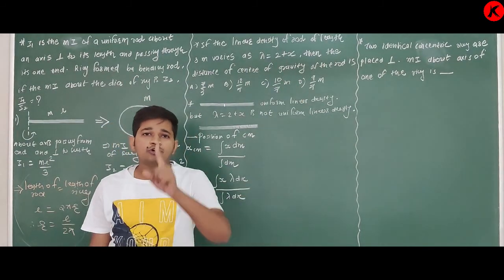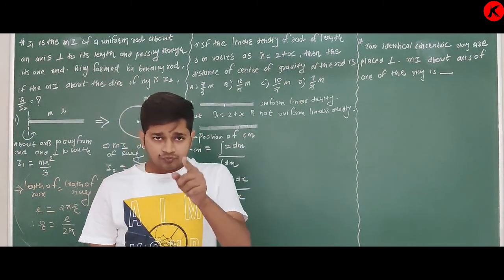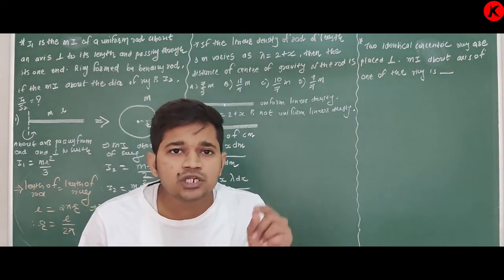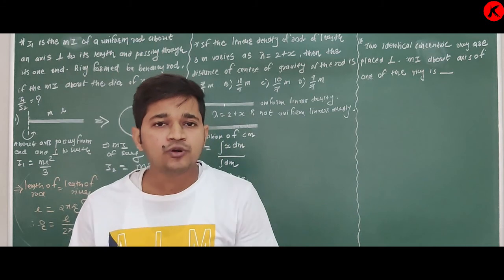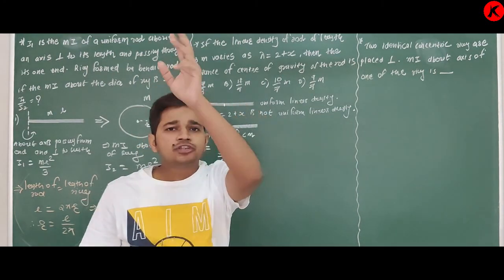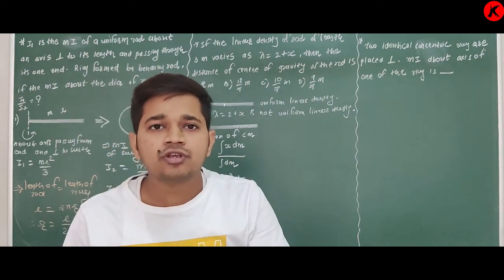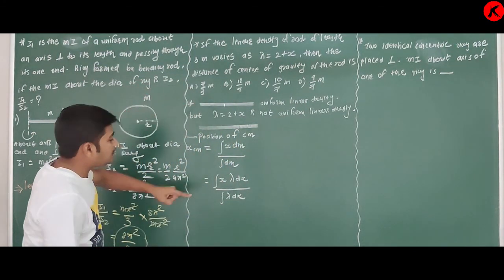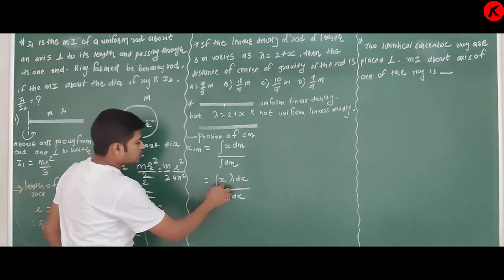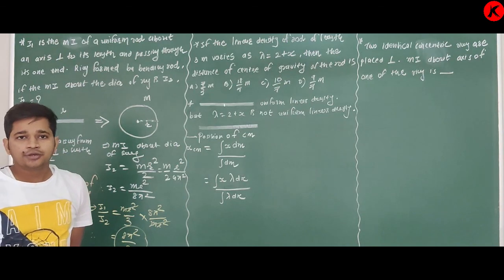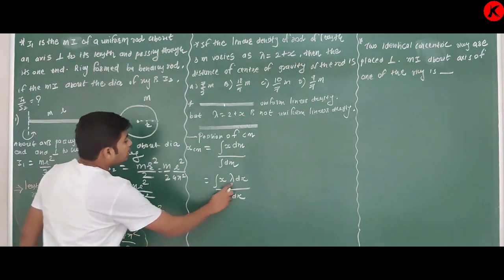For a one-dimensional object, dm is equal to lambda dx. For a 2-dimensional object, dm is equal to sigma dA. For a 3-dimensional object, dm is equal to rho dv. Here it is a rod, a 1-dimensional object, so dm is lambda dx. Clear? Okay.